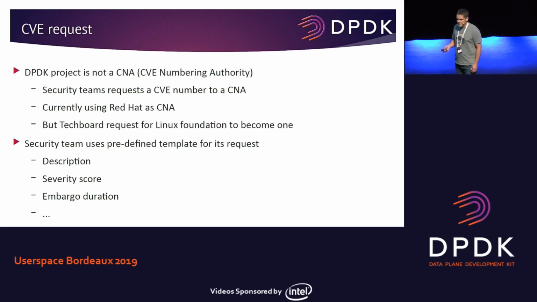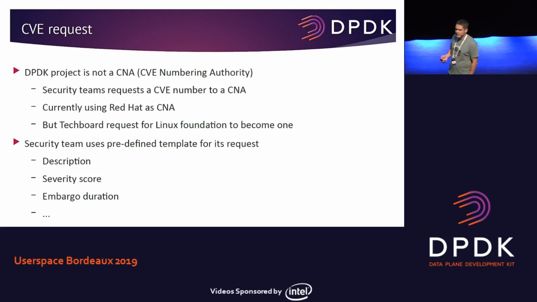To request a CVE, as the DPDK project is not a CVE numbering authority, it has to request one from a CNA. We decided to use Red Hat for now, which is a commonly used CNA for open source projects.